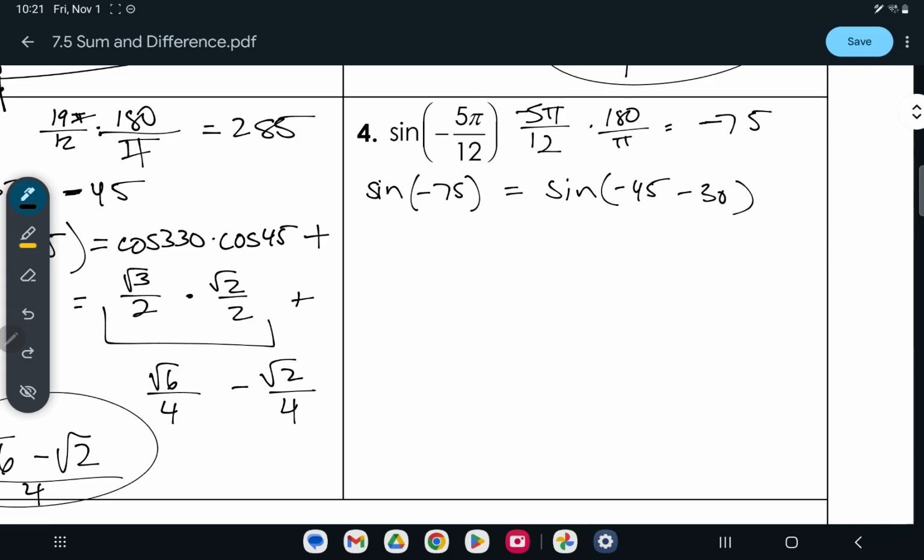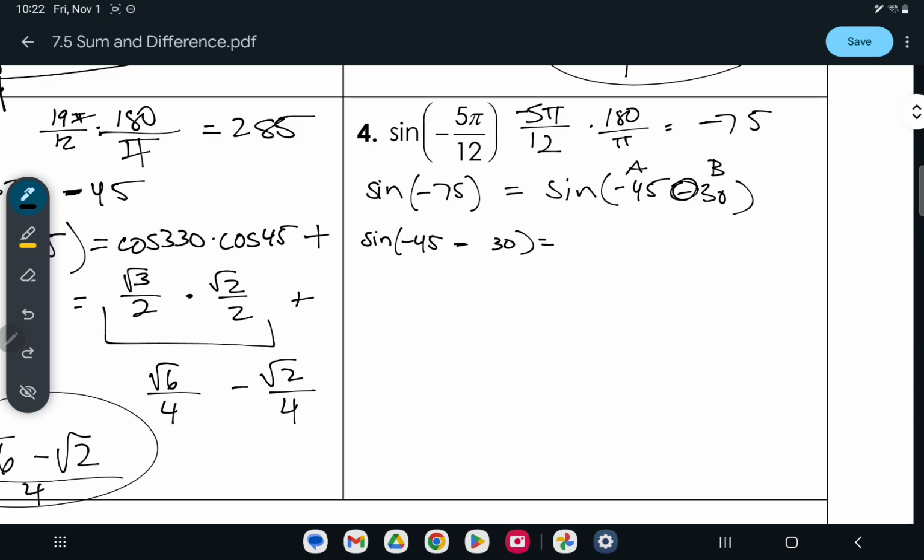Yeah, that'll get a negative 75. So that's A, that's B, and we can use a difference one. Now I've tested it out, we can do the sum and use negative angles. That's fine too. So let's see, what does this give? Sine of negative 45 minus 30.